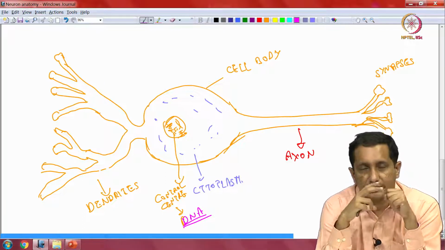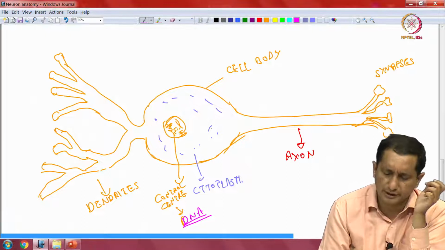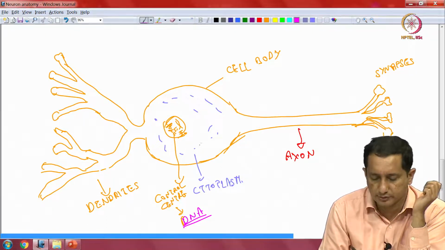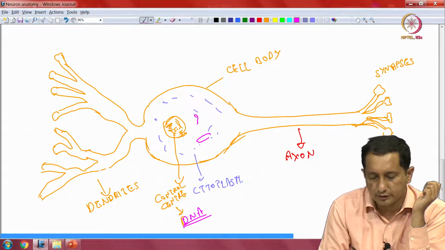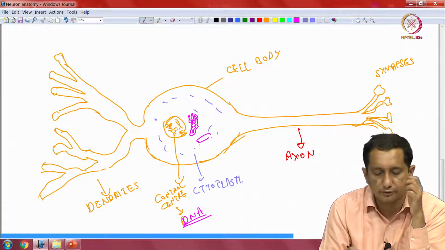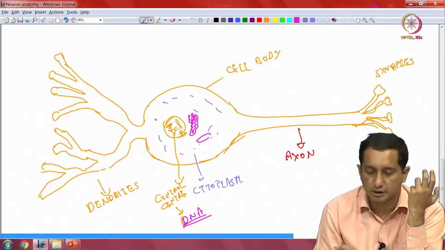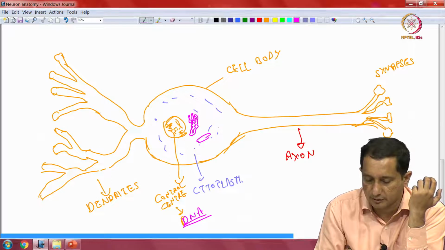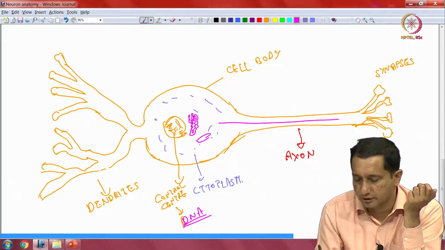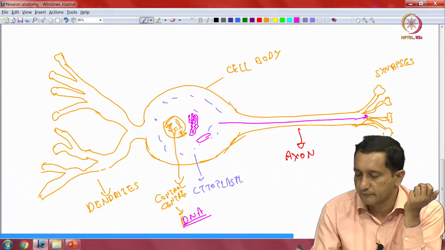So, the cell body contains the nucleus. It also contains something called endoplasmic reticulum. It contains several other components, mitochondria, endoplasmic reticulum, which are again protein based structures useful for protein development, protein transmission, and then there are dedicated paths through the axon by which you can actually transmit the proteins.